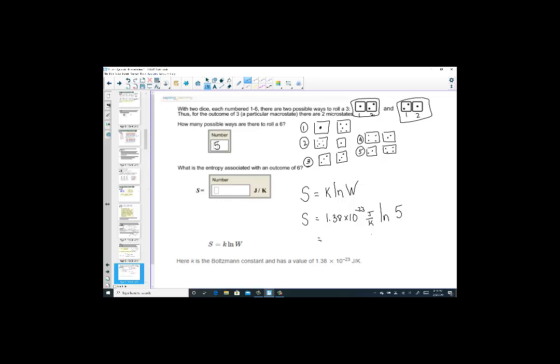I'll do it with you. 1.38 times 10 to the negative 23rd times the natural log of 5. And my screen reads 2.22 times 10 to the negative 23. And that answer is a positive number. And that's joules per Kelvin on the entropy unit. We calculated entropy knowing the number of microstates in the last 2 examples.